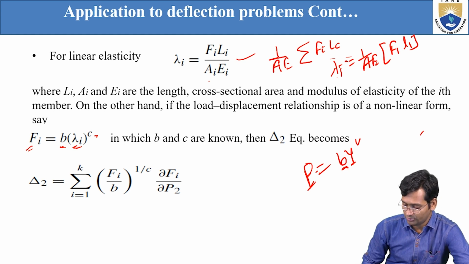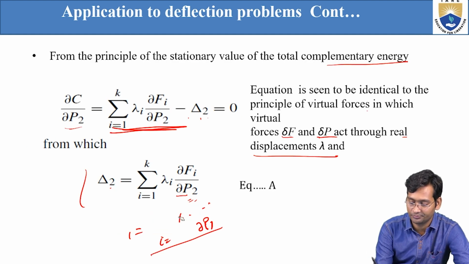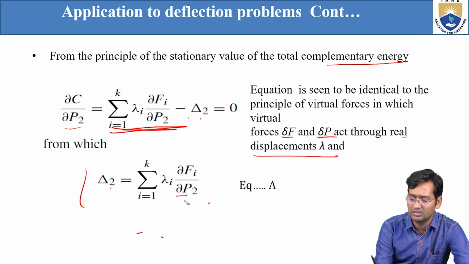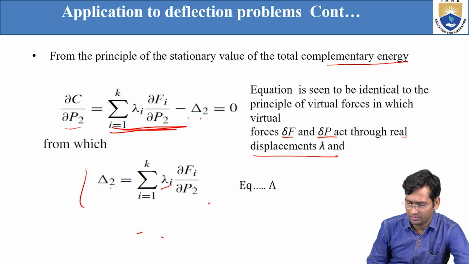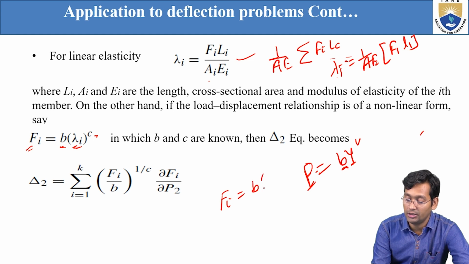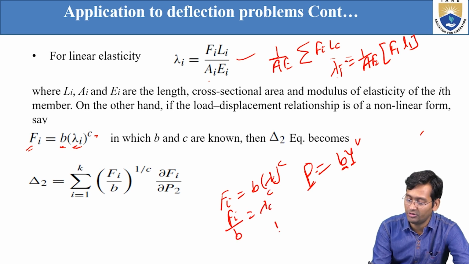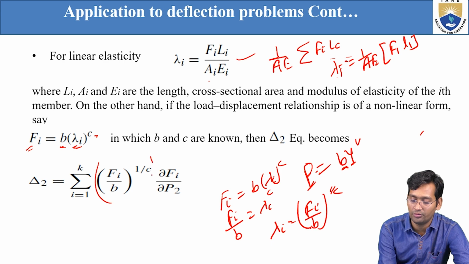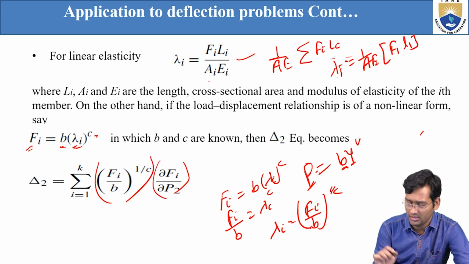So what we have is the delta 2 equation here. Just replace this lambda i value in terms of Fi. From here, Fi equals B into lambda i to the power C, so Fi by B equals lambda i to the power C. So lambda i equals Fi by B to the power 1 by C. So just change here: this is the value of lambda i, into dou Fi by dou P2.